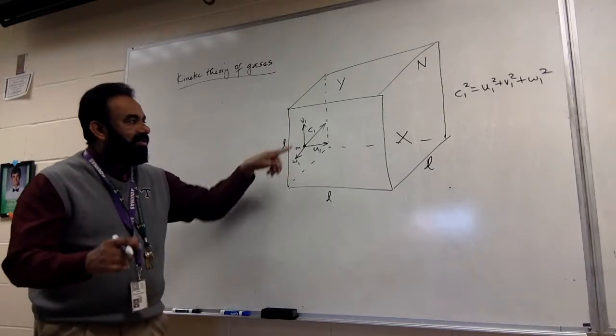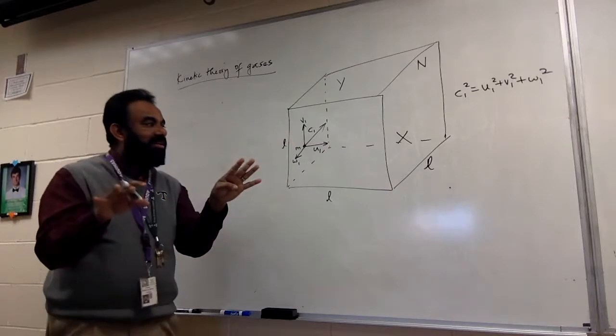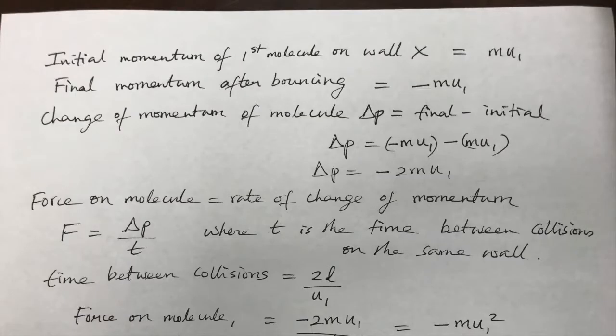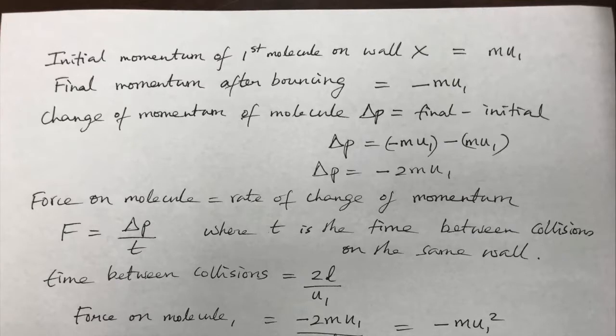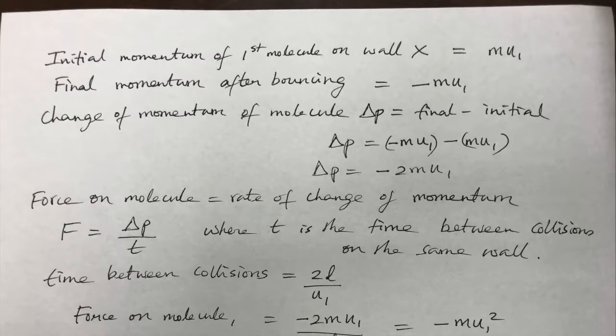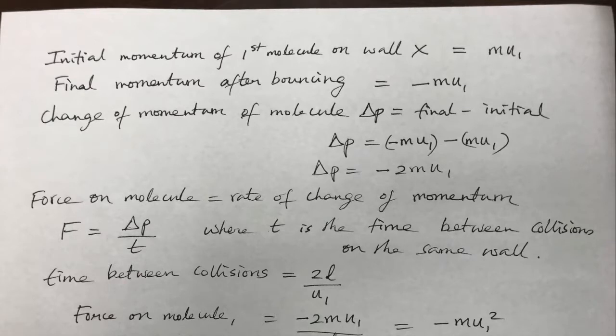So now that we have split it into three components, tell me what is the initial momentum of this molecule when it hits this wall? What's the initial momentum? It is m u1.